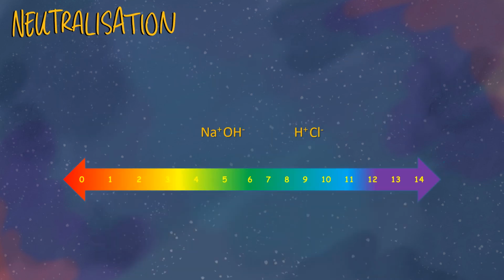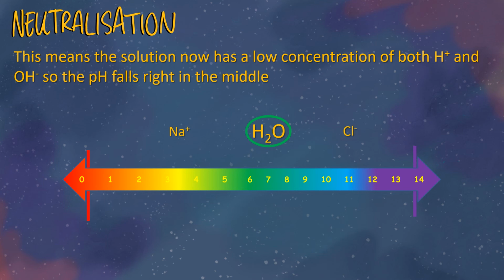Right, so we have an example here of sodium hydroxide and hydrochloric acid. So the hydrogen comes away from the chloride and that is acidic. Hydroxide comes away from the sodium, that is alkaline, and they both come together to make water, which is neutral.